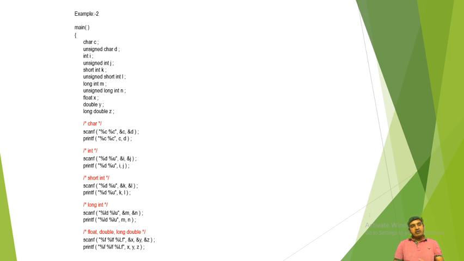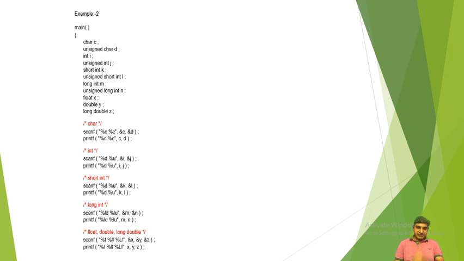Now to display m and n on the screen we use the printf function, which is percentage ld, percentage lu, long integer, long unsigned integer, comma m, comma n, and terminated with semicolon.